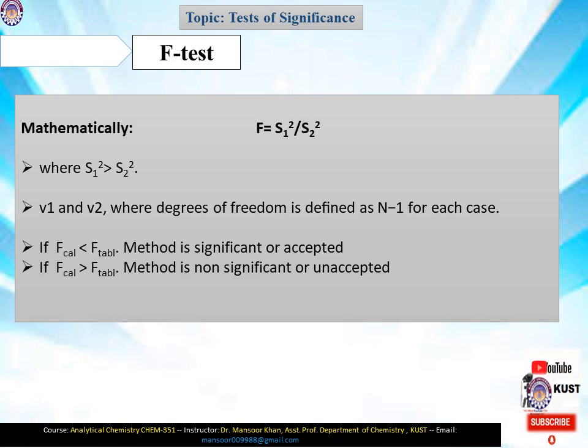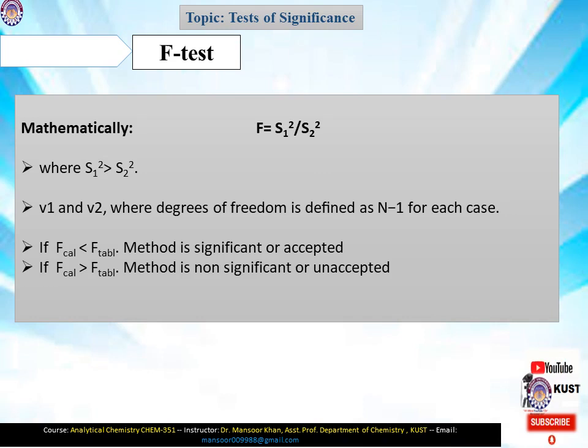So the method is significant or accepted. If F calculated is greater than F tabulated, the method is non-significant or unaccepted. It means that when F calculated is greater, the variance of the developed method is higher as compared to the variance of the accepted method.